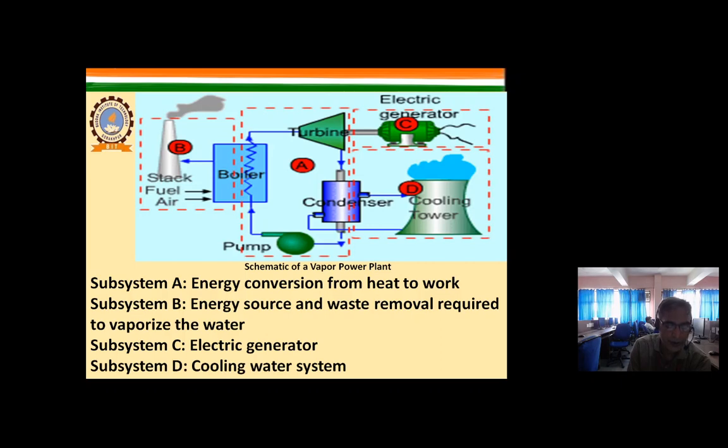Third step: electrical energy is generated when the generator windings rotate in a strong magnetic field, that is subsystem C. After the steam leaves the turbine, it is cooled to its liquid state in the condenser by transferring heat to the cooling water subsystem, that is subsystem D. The liquid is pressurized by the pump prior to going back to the boiler.